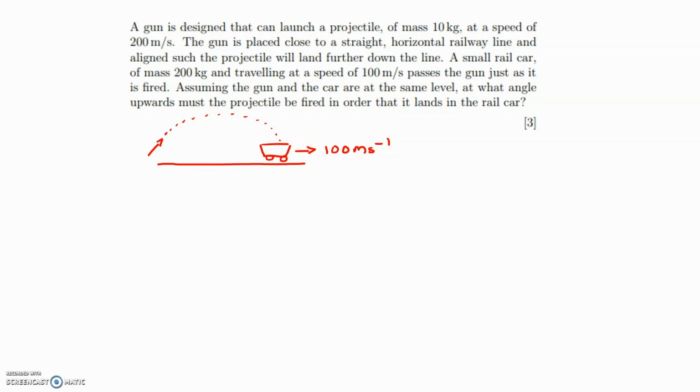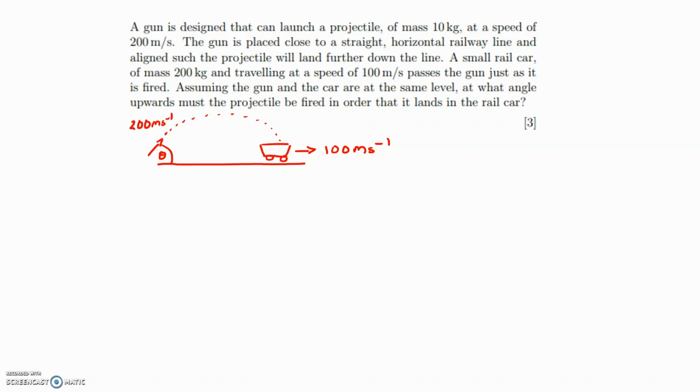So what angle must the projectile be fired? We know that it's launched with a speed of 200 meters per second, and we want to know what angle, this angle here, that it should be launched at. So how are we going to figure that out?